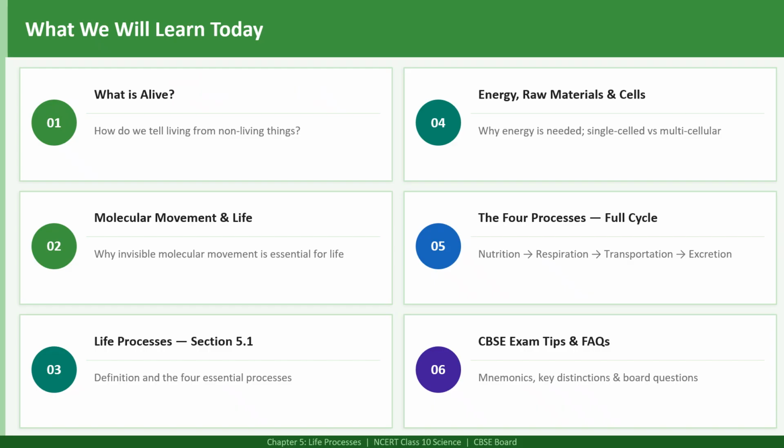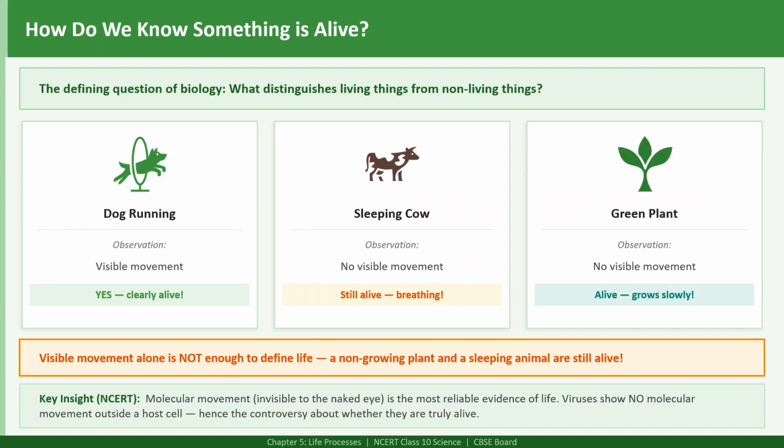In our daily life, we often identify living organisms by observing their movement. A dog running, a bird flying, a person speaking, all these things we can tell are clearly alive. However, this becomes confusing when we see a sleeping person or a stationary object.